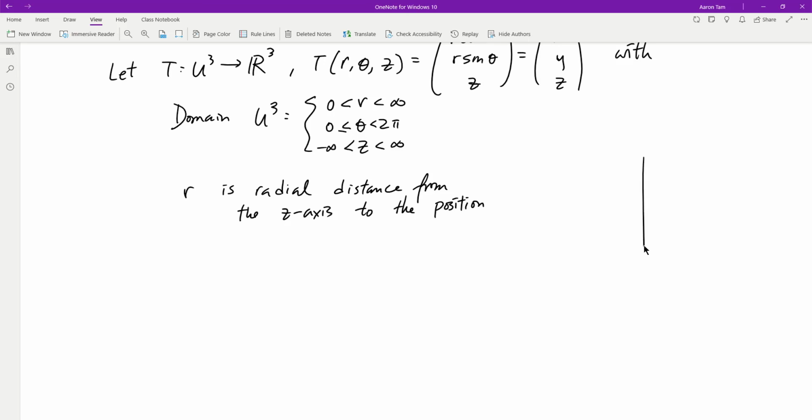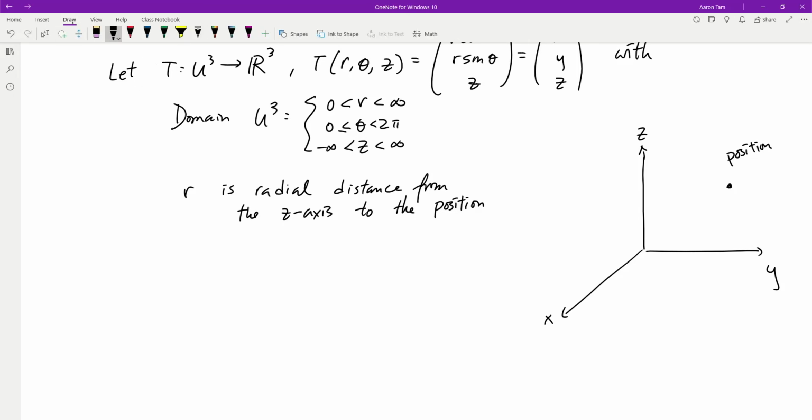Let me show you. Here's our typical xyz space, and let's say we want to define a position right here. The distance r is more properly defined this way.